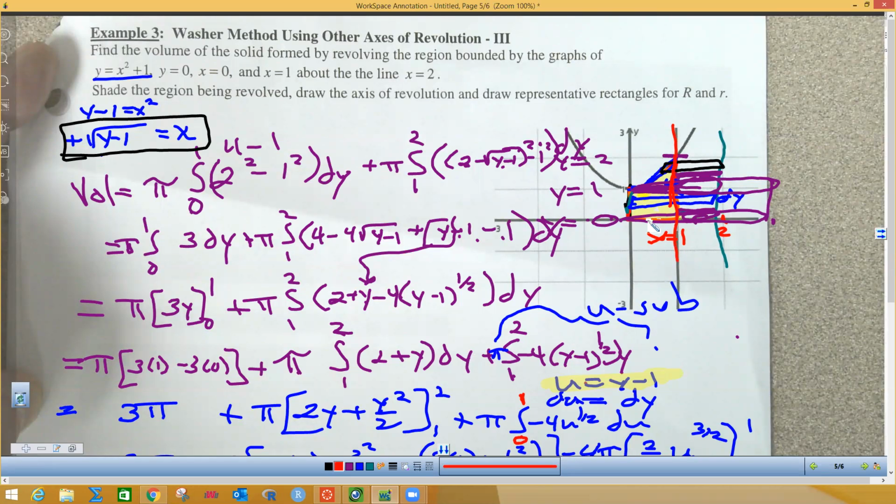That would not be washer, that would be disk. So the answer to your question is it could be either. It depends on if you got space between what you're rotating it around, or shaded part. If there's an open part that's not shaded, then it's washer. If there's no open part, then it is disk.